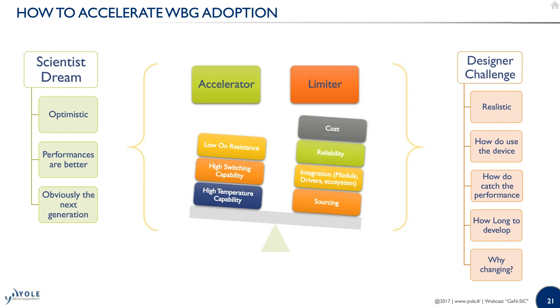There are problems of integration because these are new devices which are difficult to use. The packaging, the module, the converter, and in the converter we have passive components. We noticed that there are companies working with passive component suppliers to produce high frequency inductors.